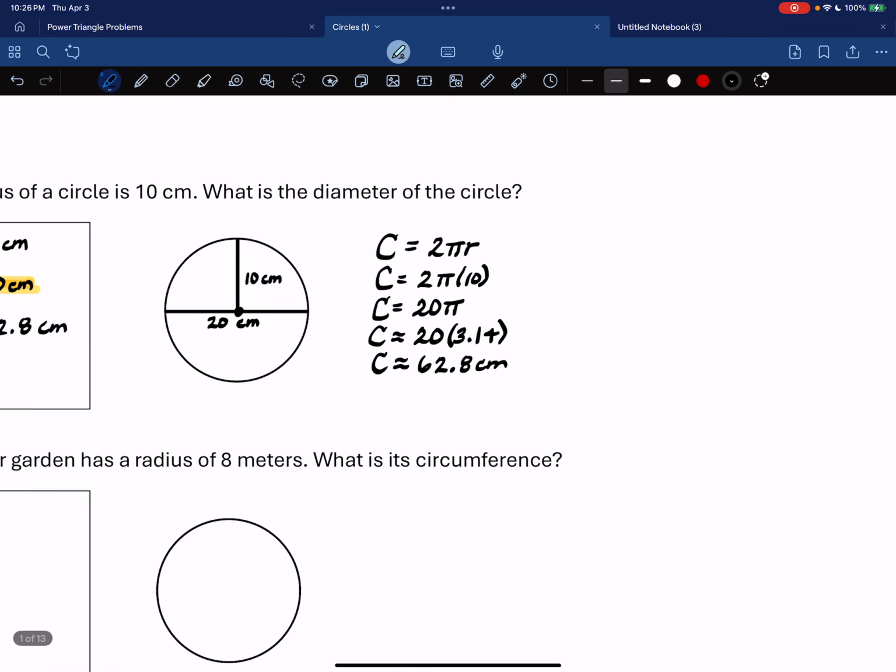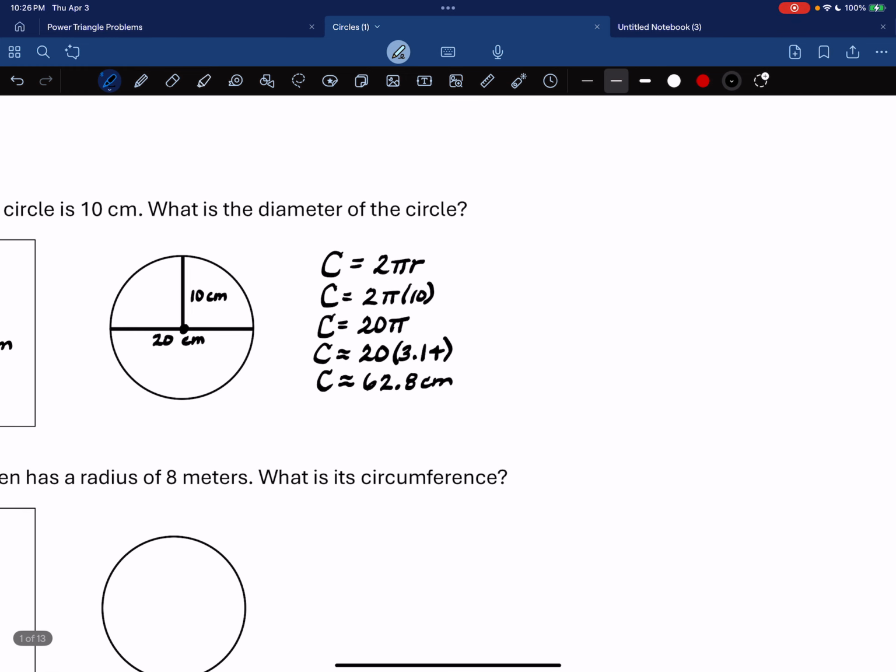And then to get area, we want to know the formula first. I encourage you to always write the formula. That will save you careless mistakes. The radius here is 10, and we're taking that to the second power.